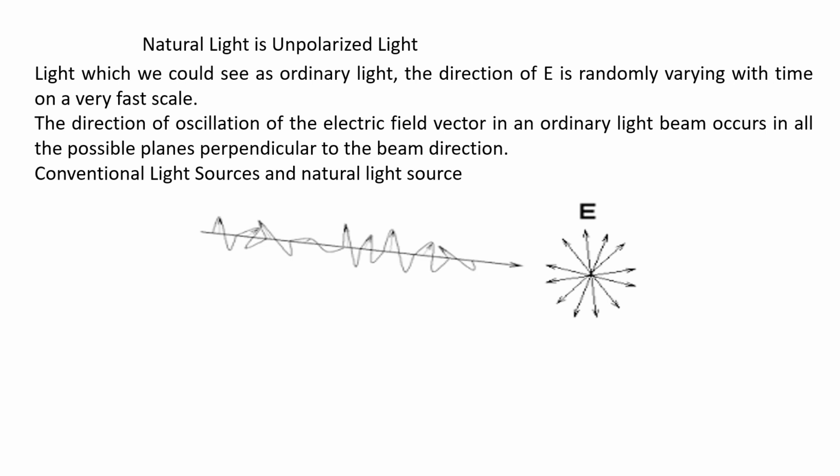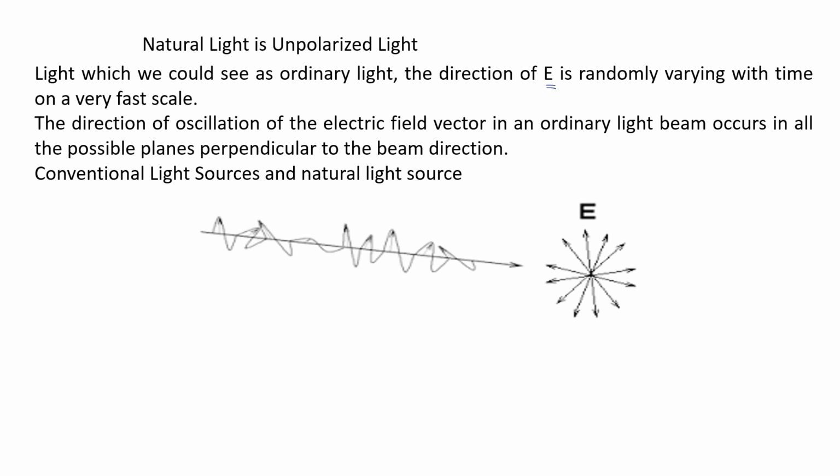What is meant by unpolarized light? It is ordinary light. In this light, as I said, E is called the light vector, and the direction of the light vector, the direction of E, is a random direction.